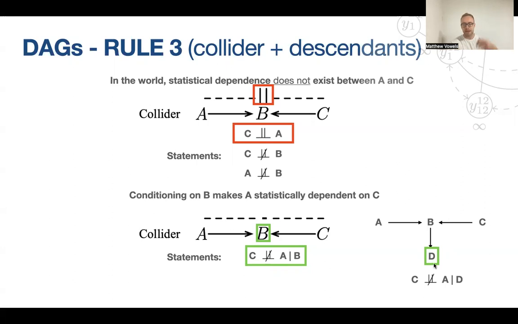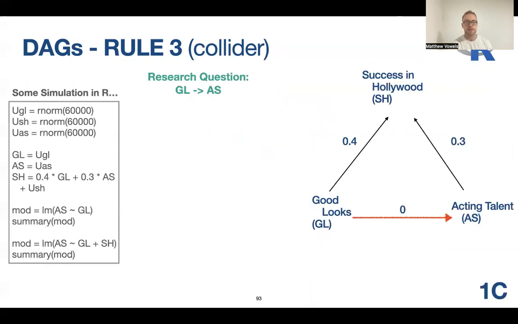So beware of ancestors and descendants in that sense. Really just think about the flow of information that exists. This D here contains some of the information that A and C impart upon it. So if I condition on D, we're conditioning on a slightly noisier version of B. So you can work it out according to shared variance.